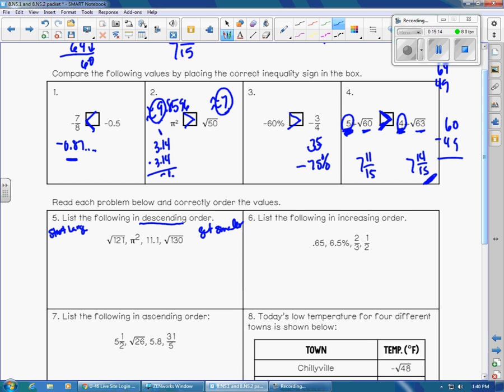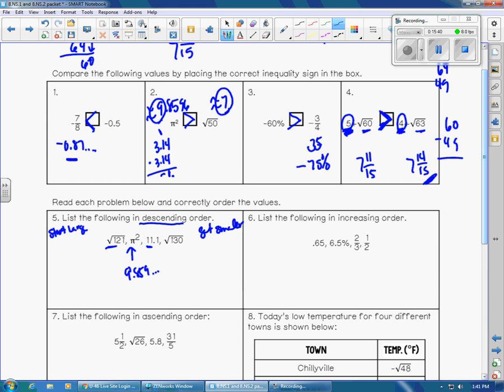I'm running tight on time here, so I'm not going to actually model how to do these. These you're going to do on your own, but I just want to make sure that you knew how to do them. Now we already have pi squared. We already squared pi up there, so I can say with authority that this one is going to be about 9.859 something something something. And we have one here that's at 11. So I just have to figure these two guys out here.